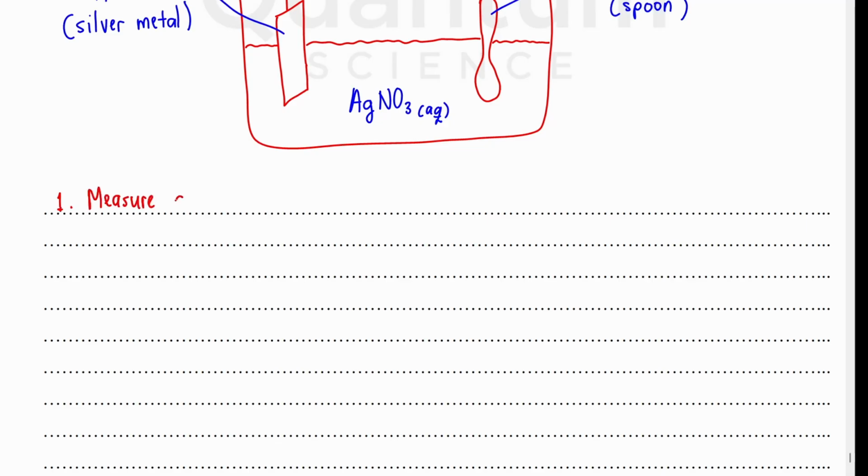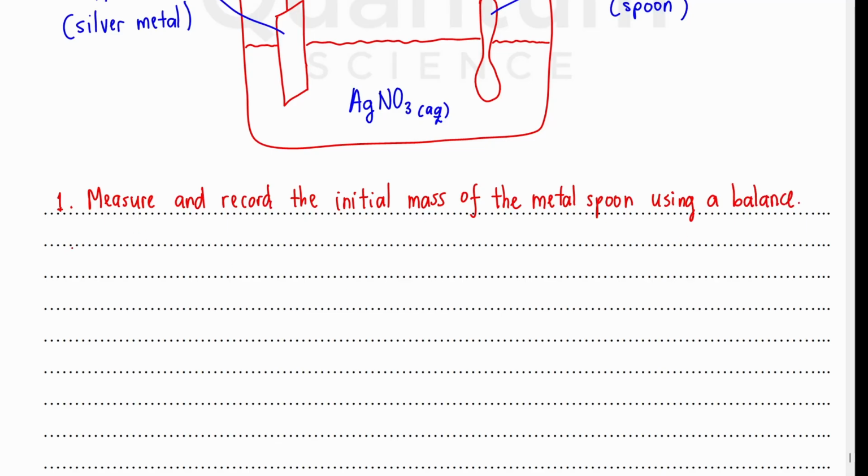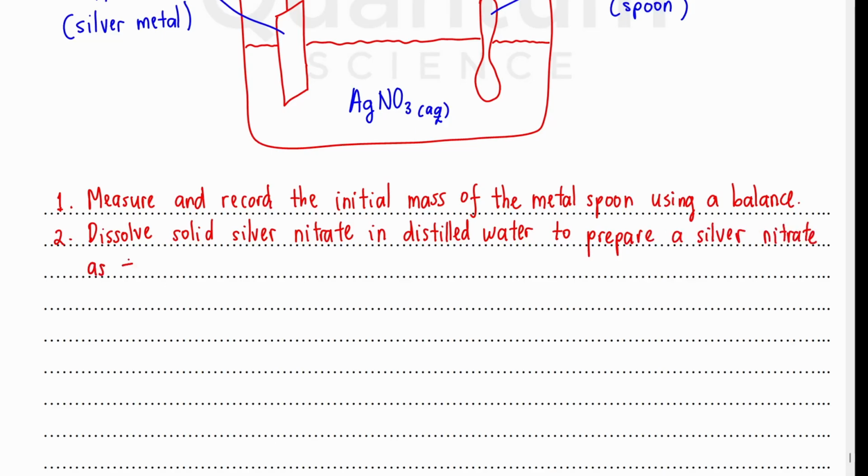So first of all, we measure and record the initial mass of the metal spoon using a balance, right? And next step, dissolve the solid silver nitrate in distilled water to prepare silver nitrate as the electrolyte. And then, set up the apparatus as shown above.